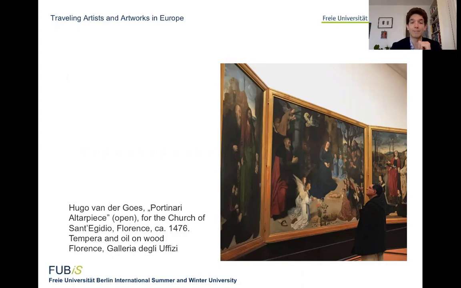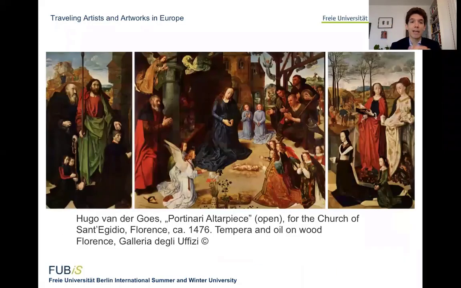And well, again, this altarpiece arrived in Florence, this time at the very beginning of its history. It was made by Hugo van der Goes in the late 15th century, around 1476, for a Florentine merchant, Tommaso Portinari.